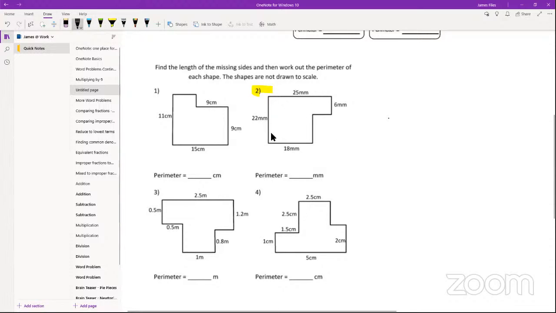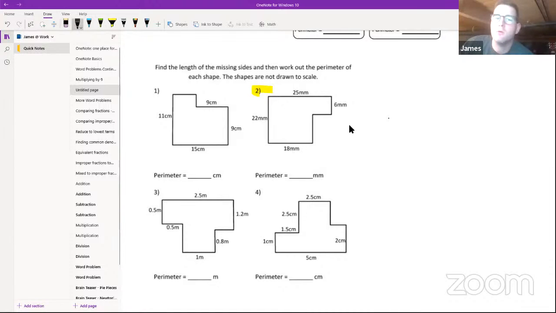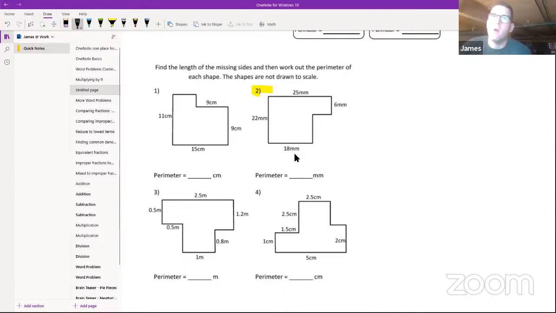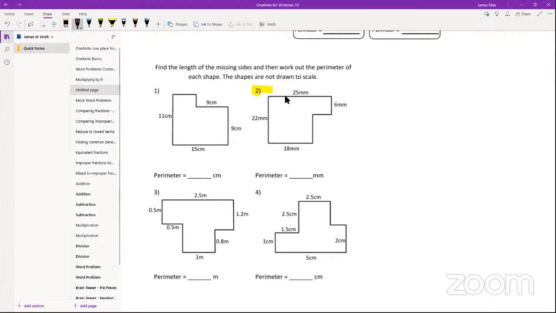All the sides that we do know? Wait, so is there a total? It's not showing us a total right now. But we have 22 over here, 25, 6, and 18.